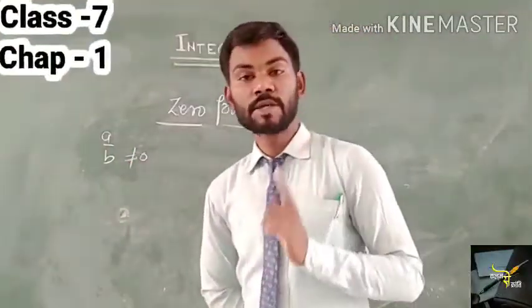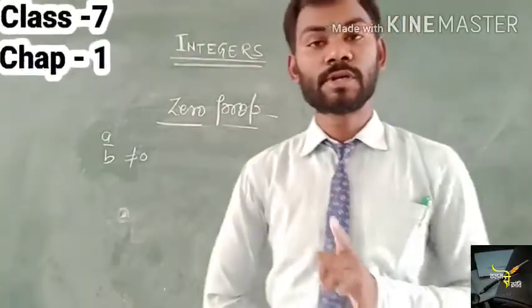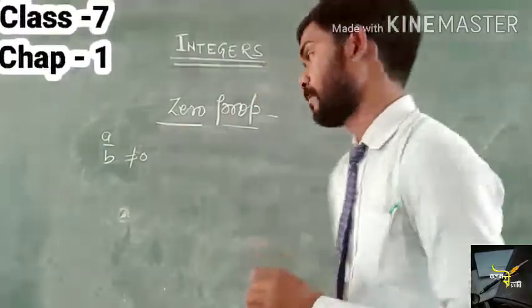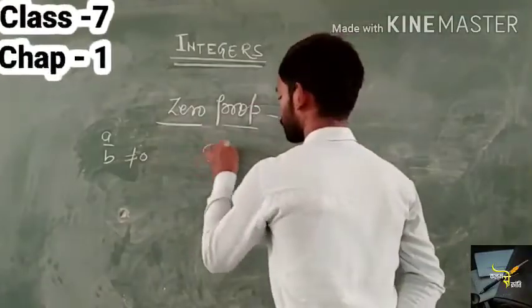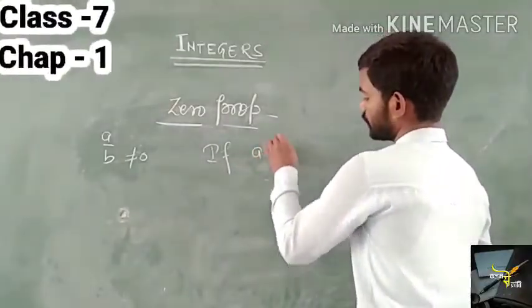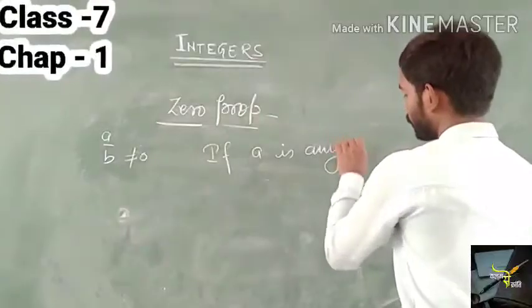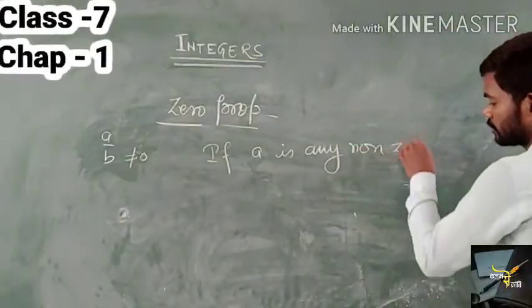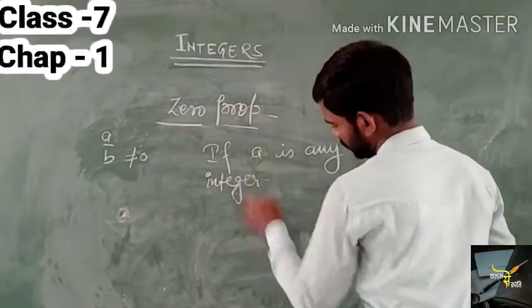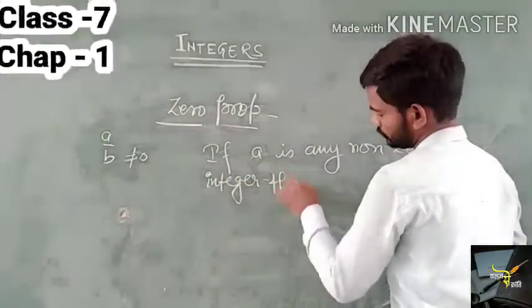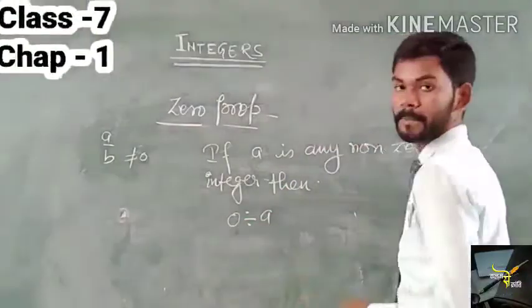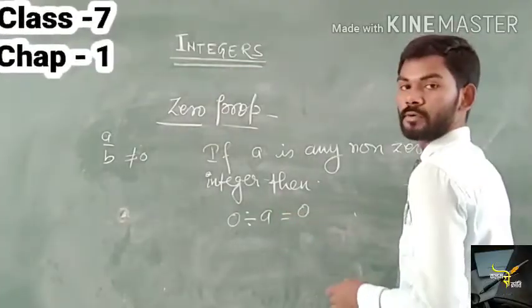Therefore, when 0 is divided by any non-zero integer, we get 0 as the quotient every time. So here, if a is any non-zero integer, then 0 divided by a is equal to 0.